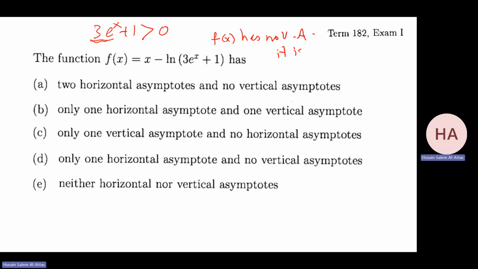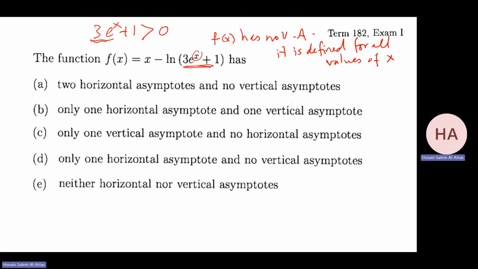Actually, it's defined everywhere, for all values of x. Nothing stops me from putting any value of x, because this is always greater than 0. So I need the argument of ln to be greater than 0, which is always correct. So there is no vertical asymptote for sure.